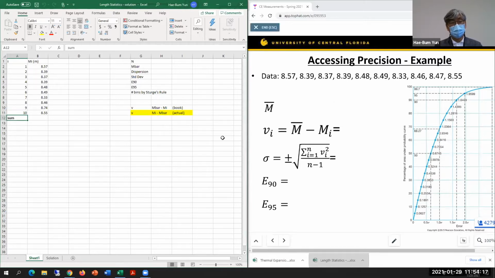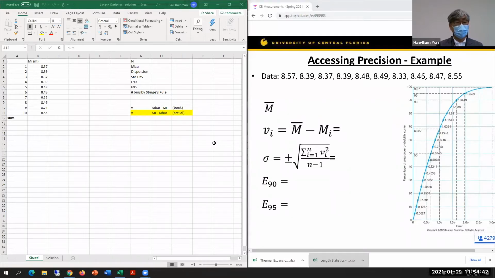So in the Excel, of course, it has a function to calculate the average and the standard deviation, but we're not going to use those functions. We will actually follow the procedure that I explained on the slide, okay?